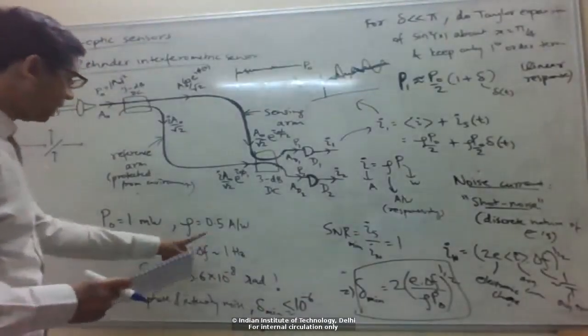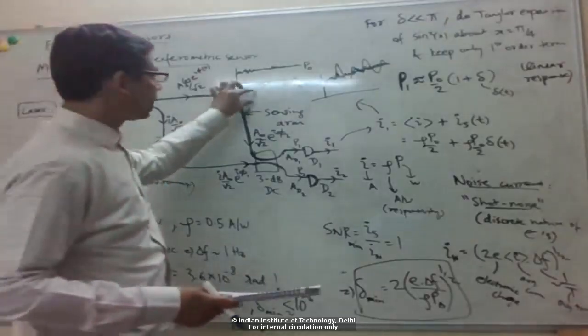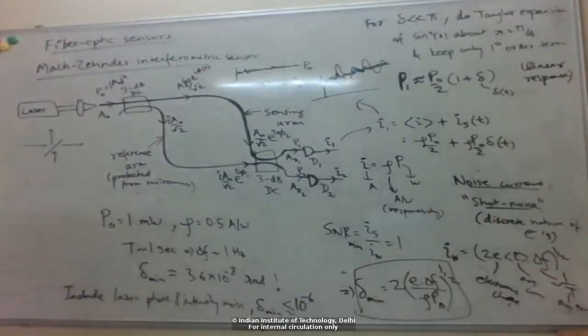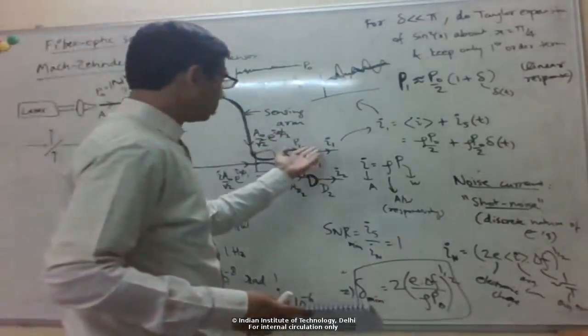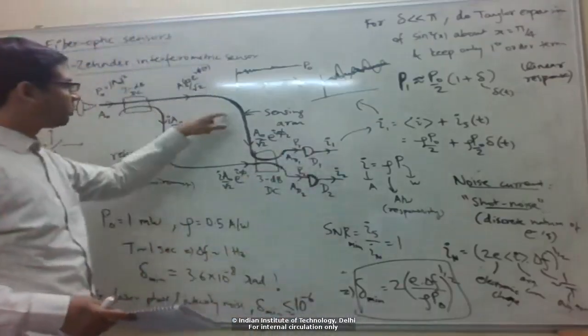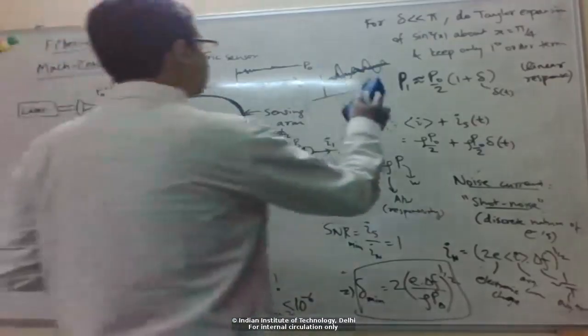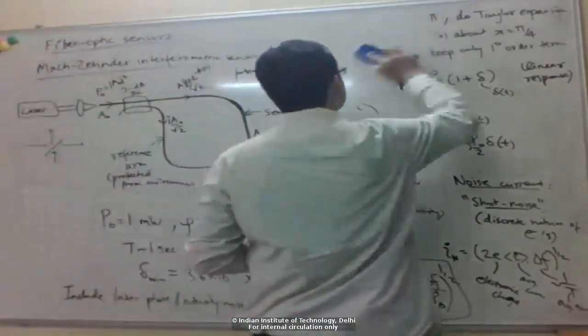From this phase change, finally, what we want to know is how much the physical quantity that we want to measure is changing. So from the current of the detector, we can calculate how much phase change is happening, and from that phase change, we want to see how much this external quantity that we measure is changing.